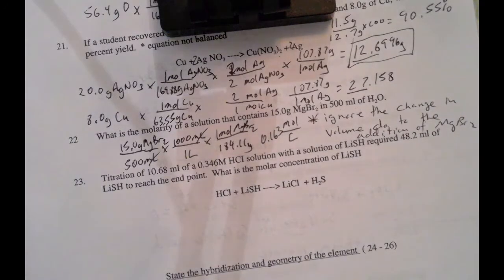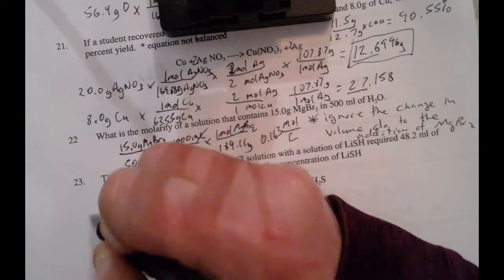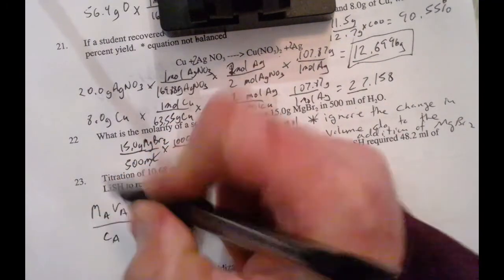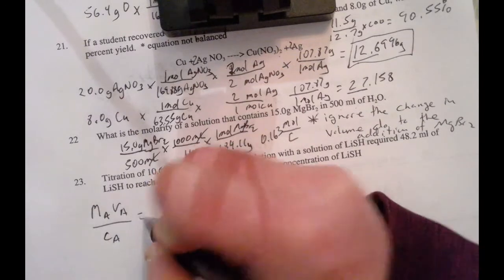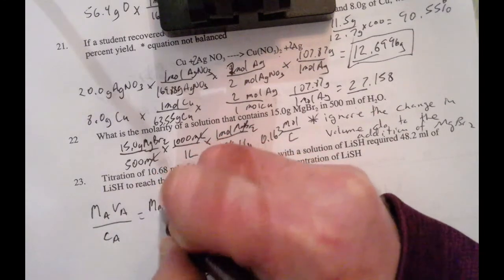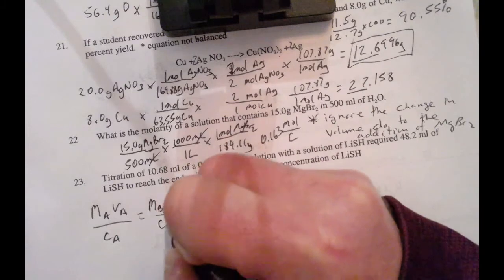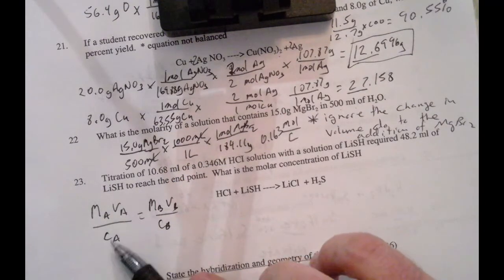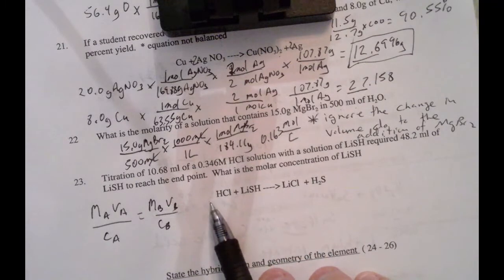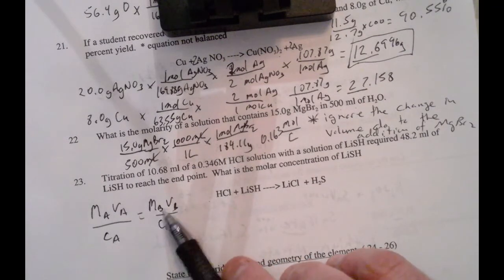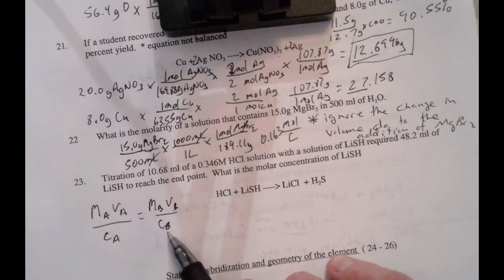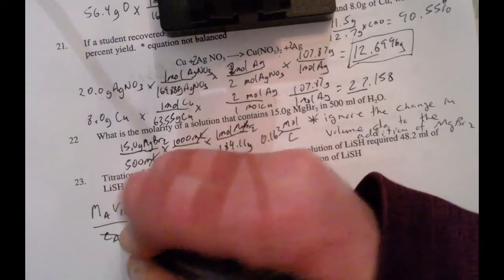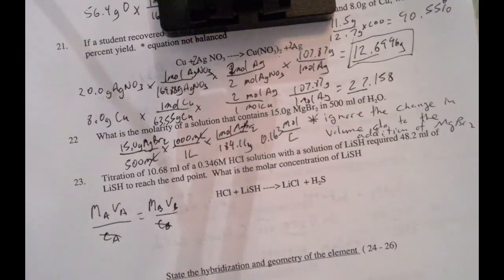The way we would normally do this is MaVa over Ka equals MbVb over Kb, where this is the molarity of the acid times the volume of the acid divided by the coefficient of the acid. That equals the molarity of the base times the volume of the base divided by the coefficient of the base. Both of these coefficients are 1, so those will cancel out.